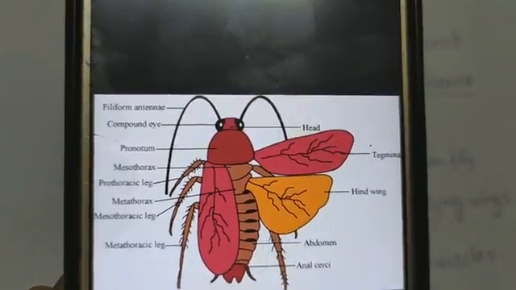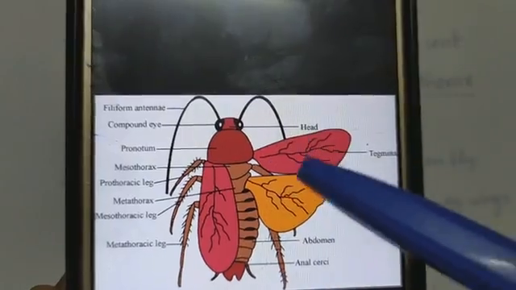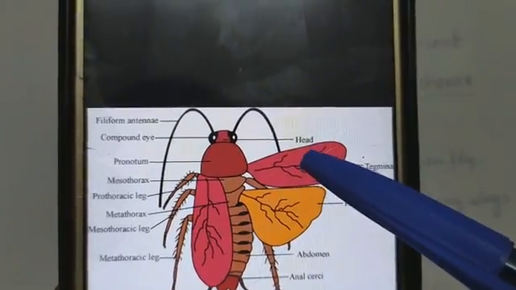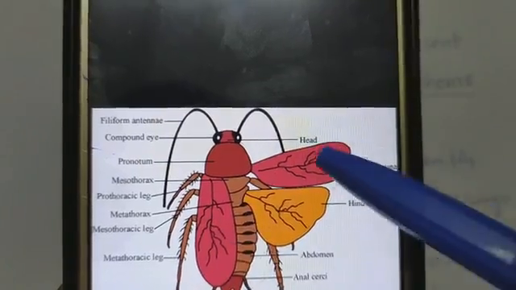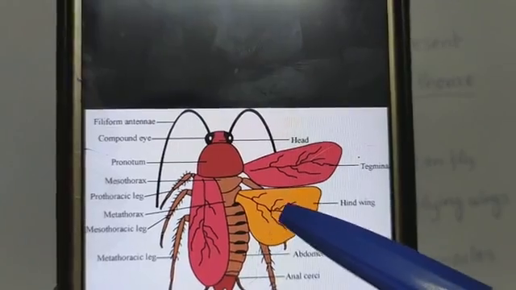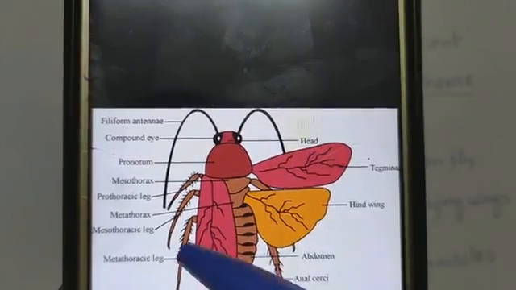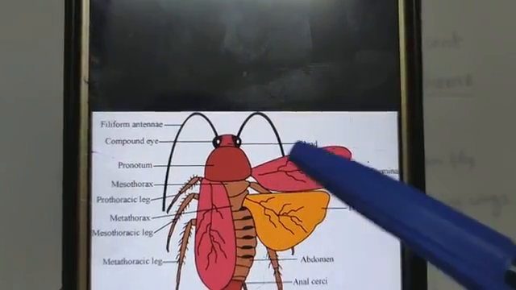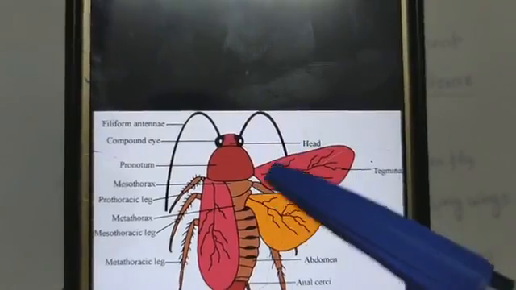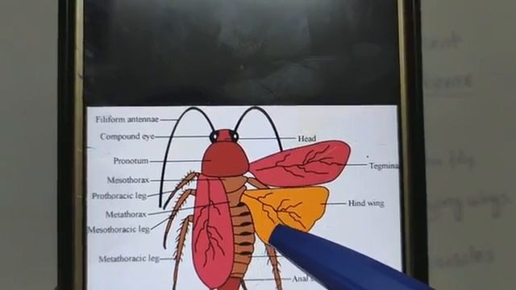So you can clearly see the 2 pairs of wings. This is the top pair with pink color, and this is with light orange color, the downside wings. The top pair wings are very dense, opaque, whereas downside wings are transparent and thin.